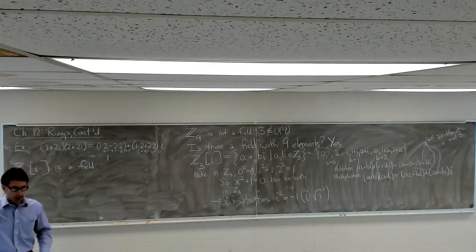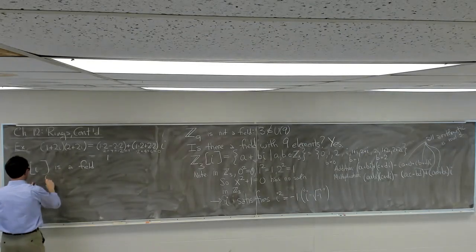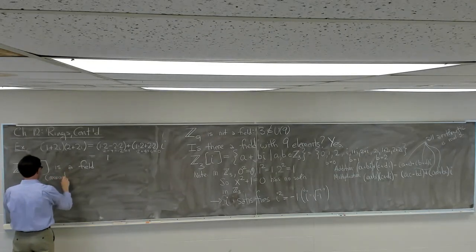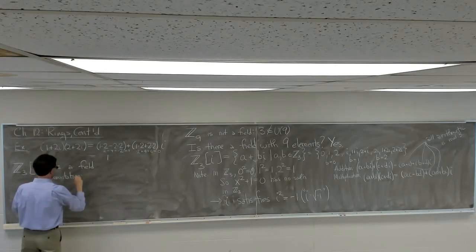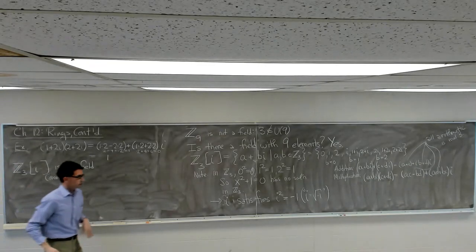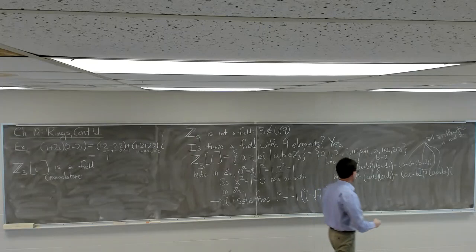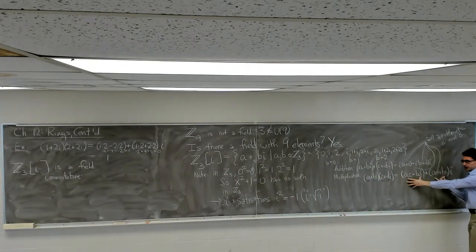It's a commutative ring. Multiplication here is commutative. Why? Because it's all happening in the integers mod 3, and multiplication there is commutative. Since this is built on arithmetic mod 3, the multiplication here is commutative.